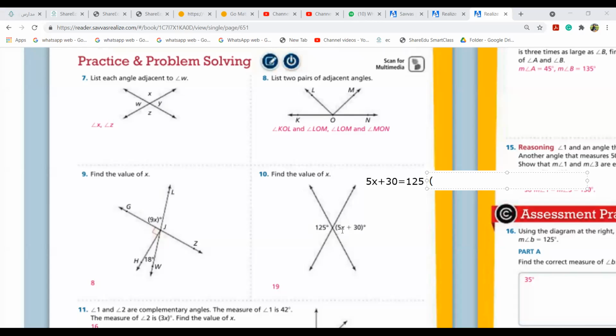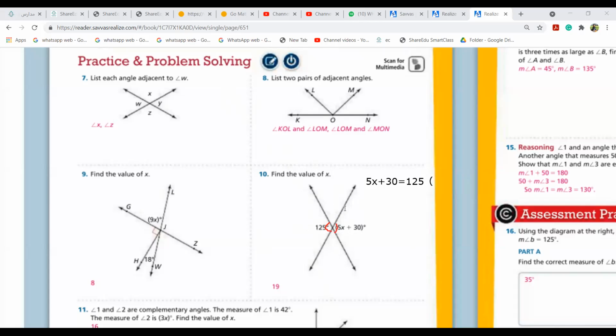When they are opposite to each other, what angles are they called? Judy, Noor, anyone can answer me. What type of angle if they are opposite to each other? Is it adjacent or vertical? If they're opposite to each other, just like this, see? Vertical.